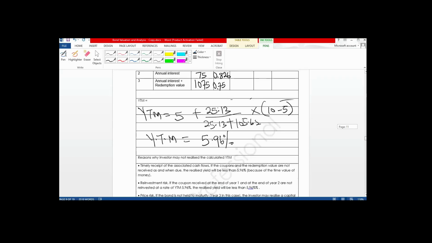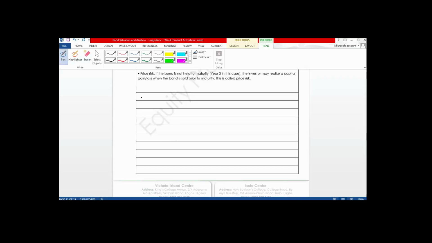Requirement B says calculation of duration. You open your schedule. You have year 1, year 2, year 3. Pick your cash flows.